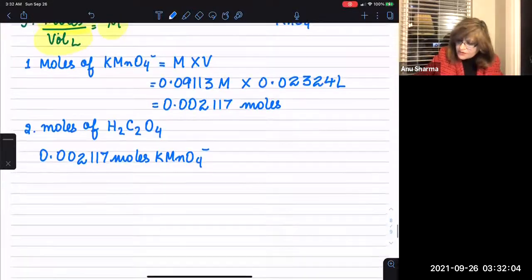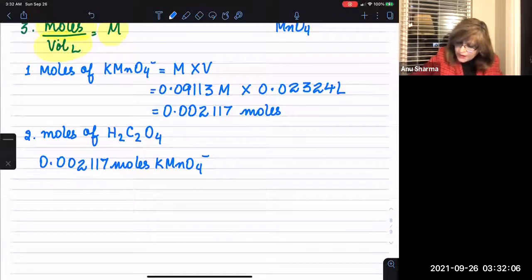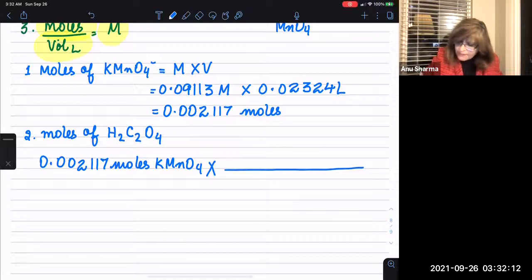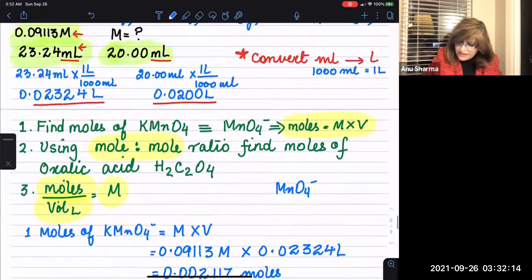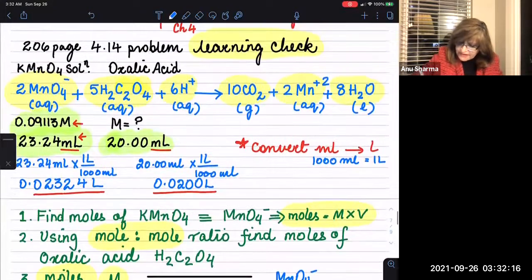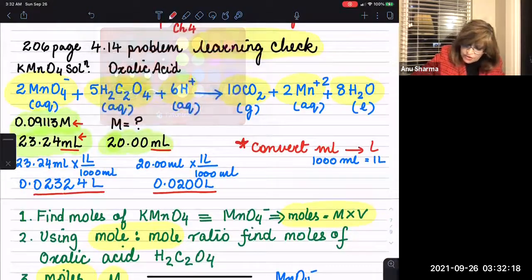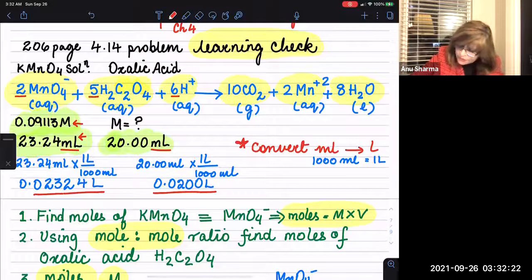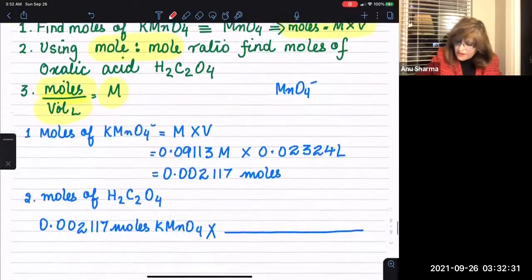It's coming from KMnO4. Okay, so KMnO4 times, now you are given the relation. In the equation, you see 2 moles versus 5 moles, and this is 6 moles, 10 moles, 2 moles, 8 moles. So we are only interested in the oxalic acid and the KMnO4, and that relationship is 5:2.